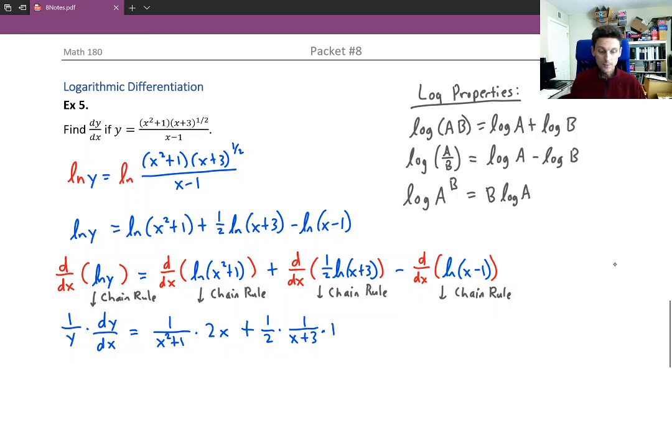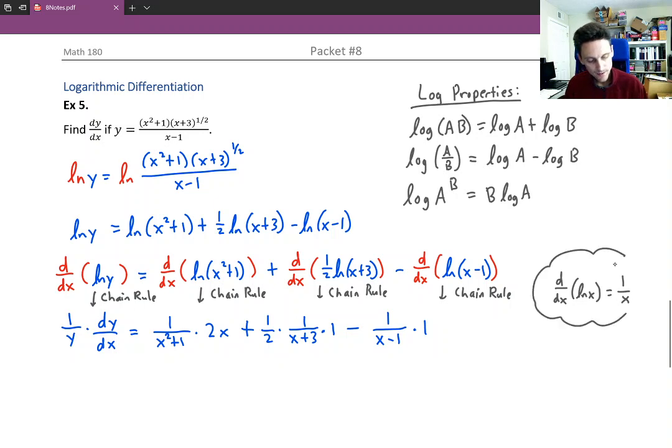So 1 over x plus 3 times 1. Then we have minus 1 over the inside times the derivative of the inside. So we're always doing the 1 over the inside thing because the derivative of natural log of x is 1 over x. That's one of the basic derivatives to know.